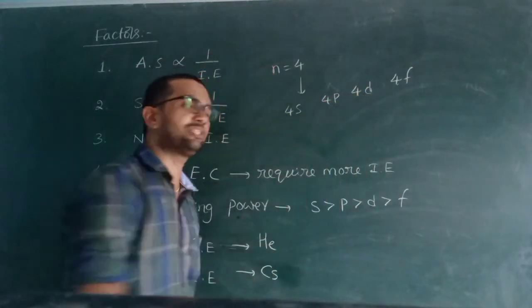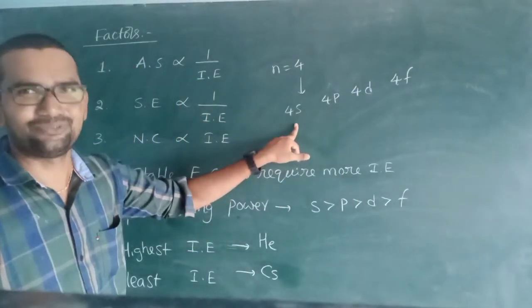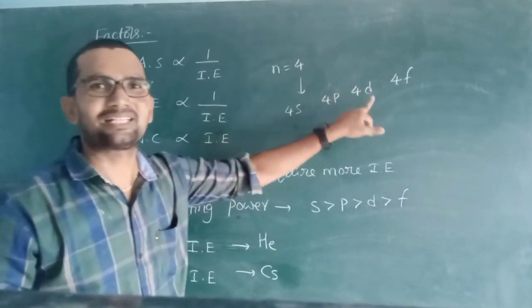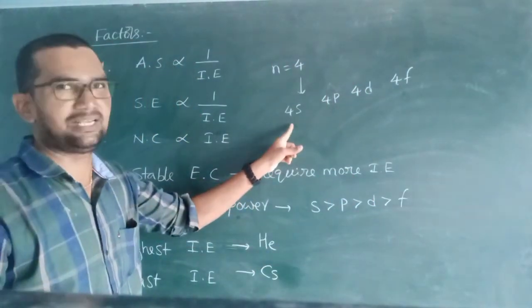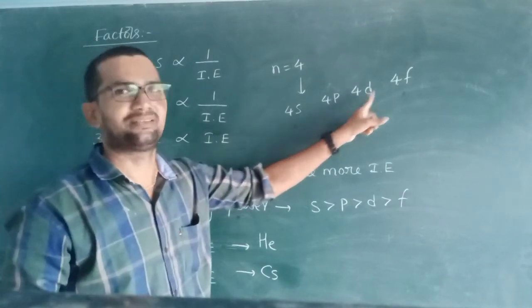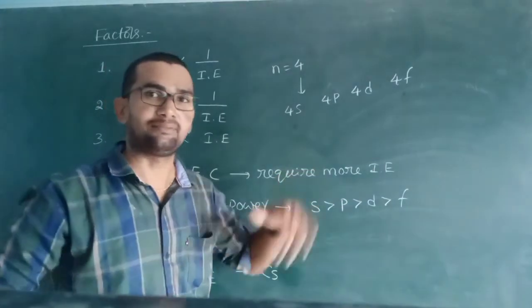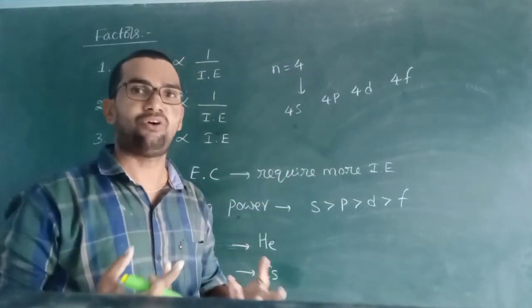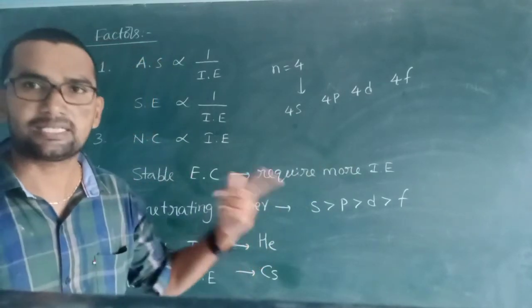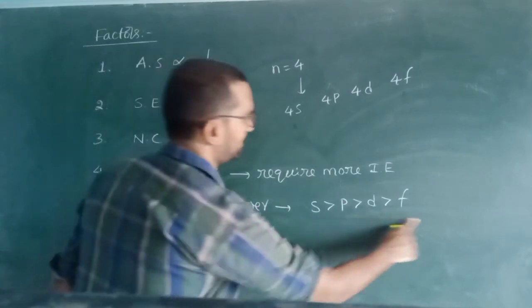Which is closest to the nucleus? 4s is the closest, next 4p, next 4d, next 4f. Sizes go from small to bigger to very big. Penetrating means moving towards the nucleus, and the s orbital moves fastest, next p, next d, next f. So this is the order: s > p > d > f.